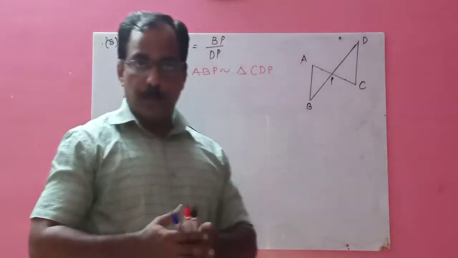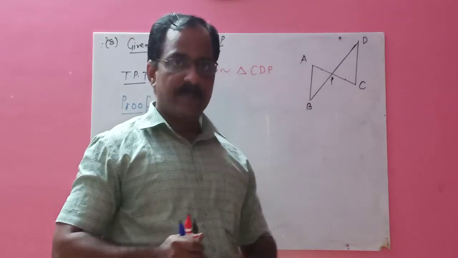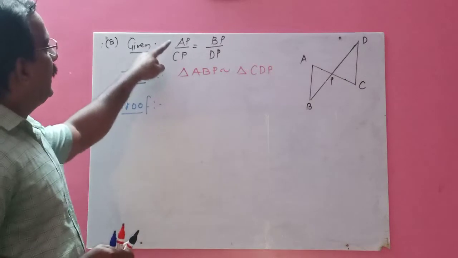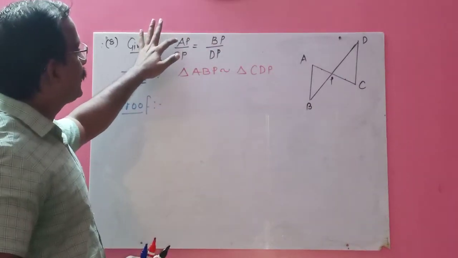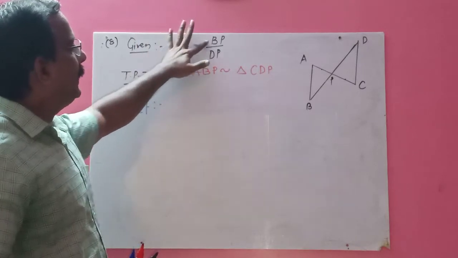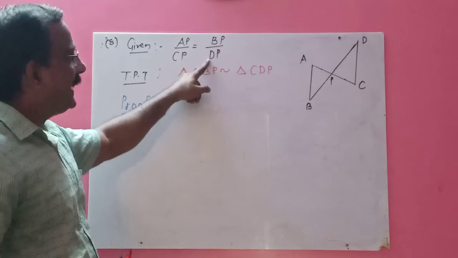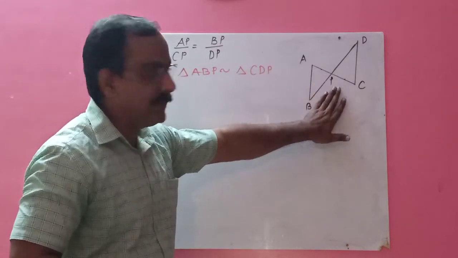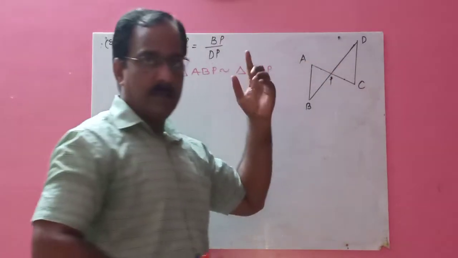So to prove two triangles similar, we require a test, and already in this sum you can see here the two ratios are given. The ratios of two corresponding sides, AP upon CP, BP upon DP. This is given, means SS is given, SS. You have AA test, which is not applicable in this, because they have not given that these two are parallel.